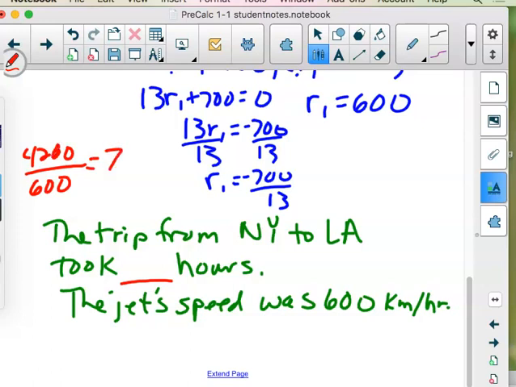Well, if we divide those, we get a 7-hour trip. So again, we didn't necessarily need that part because it did just ask us about the jet's original speed. But because I know your homework is probably going to have the follow-up question in there, I wanted to make sure that we had that as well.